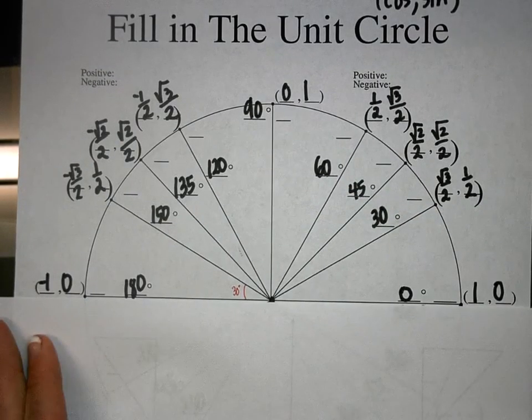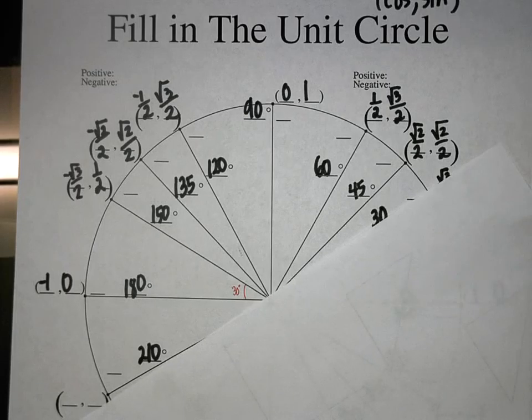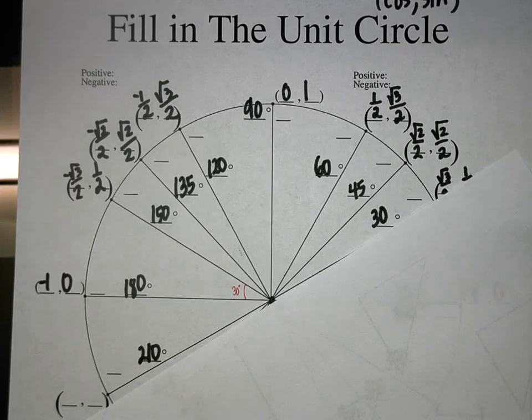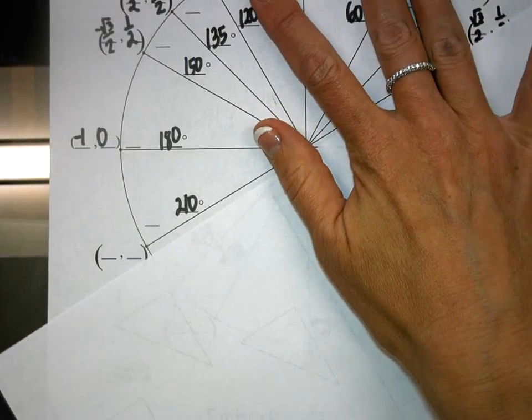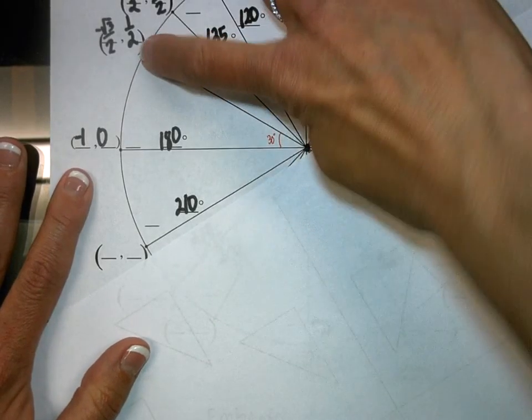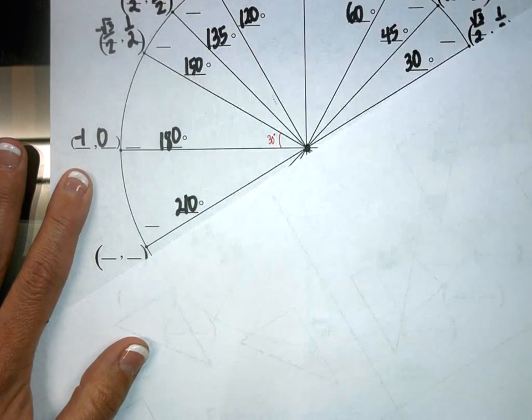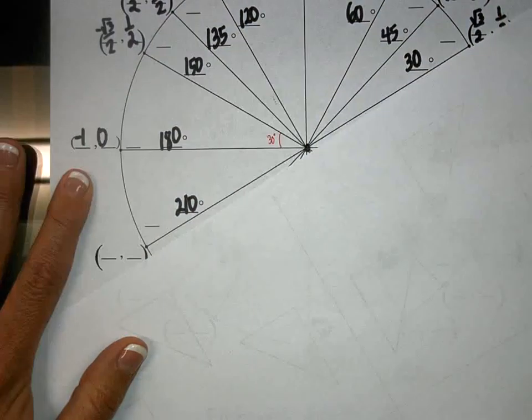So on this 30 angle here, is it going to be the same x and y value? So how do you think this point and this point are going to change? Both of them will be negative, right?